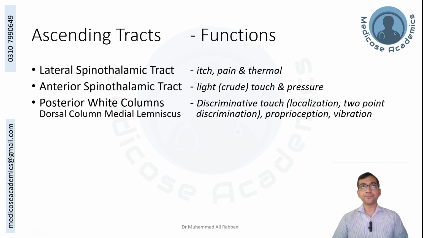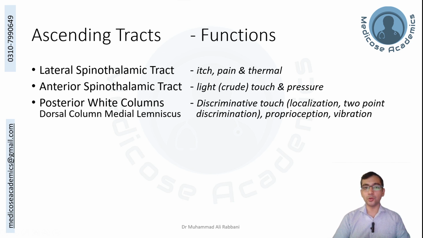For example, there is so much surface area of the body, but you can immediately slap the part of the body where an insect is crawling, so you have a very pinpoint localization sense. When the insect is crawling on your neck, and especially on the more sensitive parts like the face, you are able to feel its different legs, like it is walking on me. So there is 2-point discrimination.